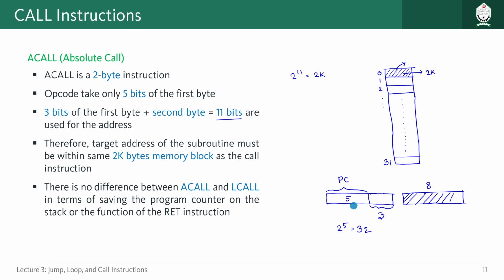So we have to be very careful about that. We have to be in the same 2K region as the current instruction, otherwise there will be a problem. And that's why in most cases A call is avoided, L call is mostly preferred. But as you can see, A call is most efficient because it is taking less amount of memory, but you have to be careful, that's the thing.